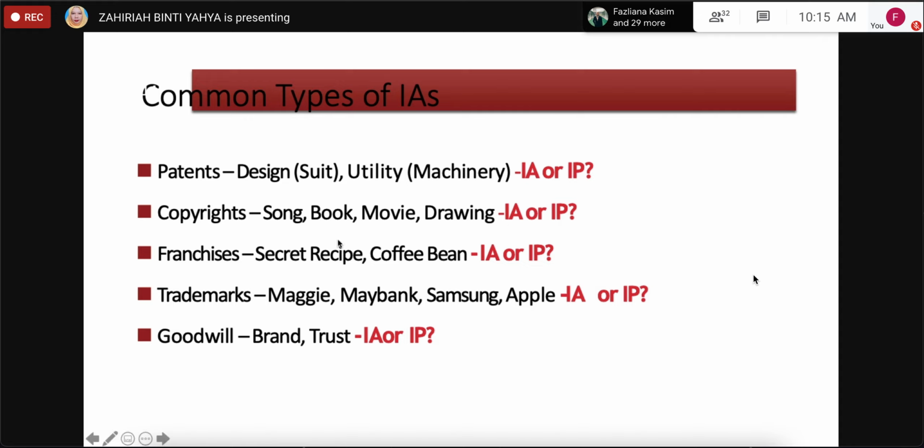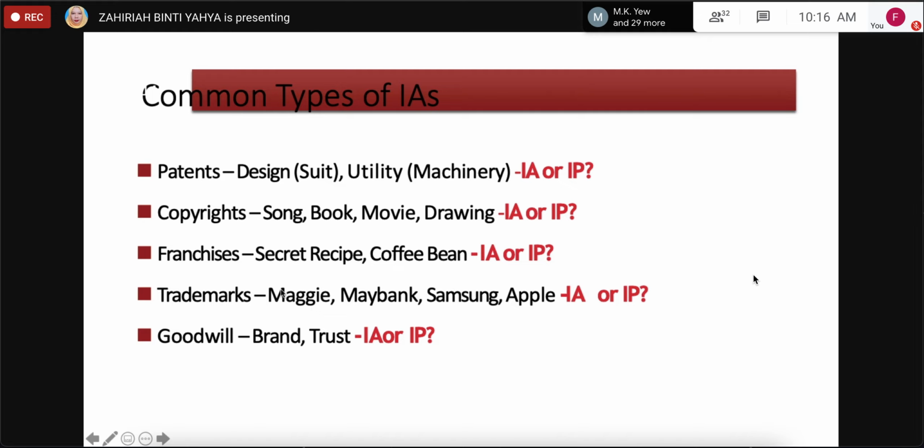Okay. So copyright, betul tadi, songs masuk under copyright, buku, movie, drawings, is an intangible asset. Okay. Franchise, secret recipe, coffee bean, KFC, McDonald, everything. Trademarks, macam Maggi, Maybank, Samsung, Apple, semua ni ada value.